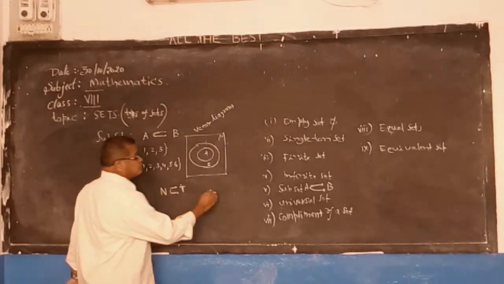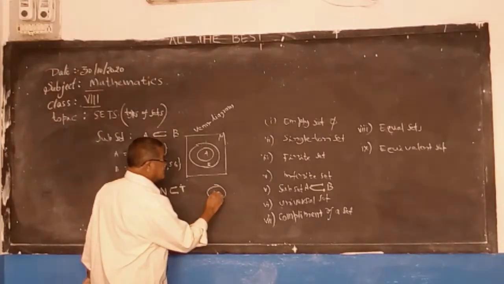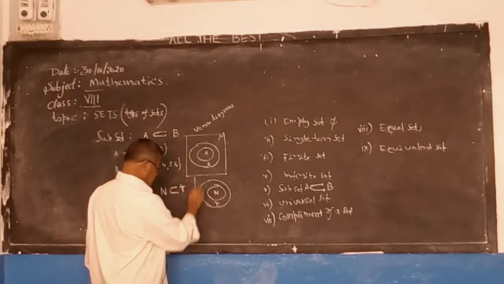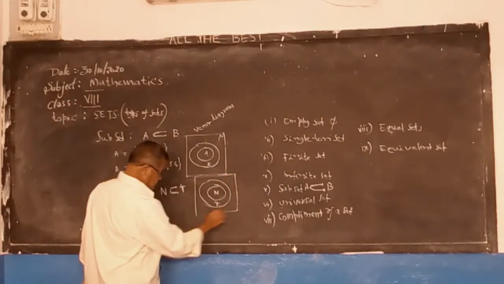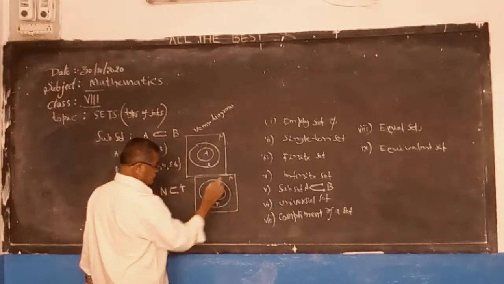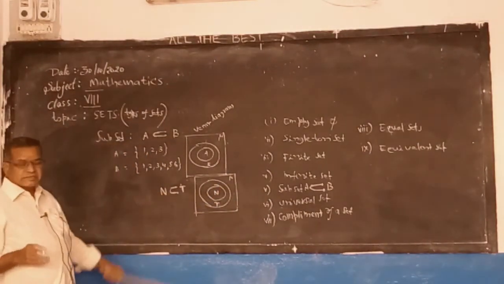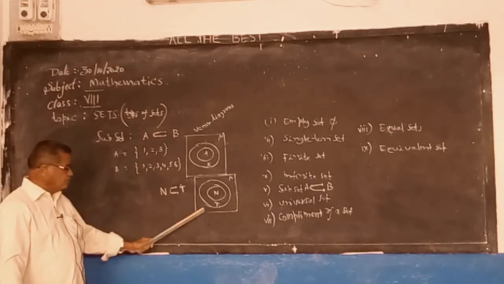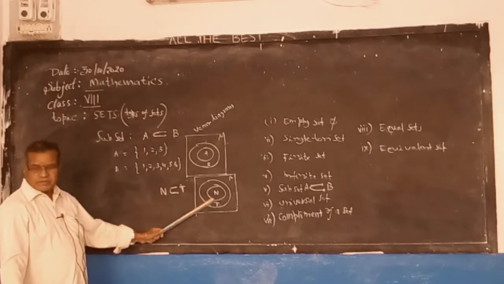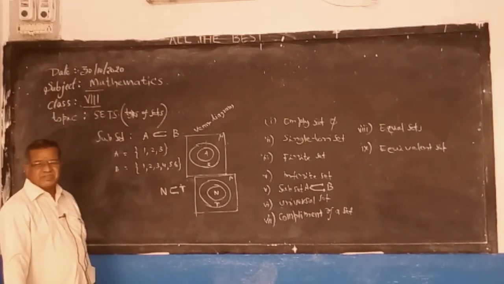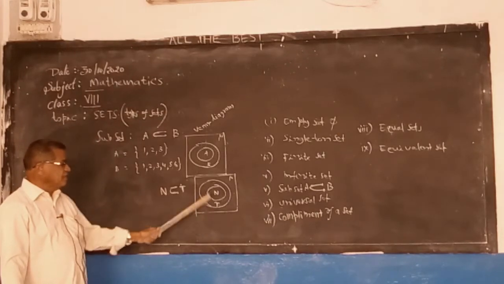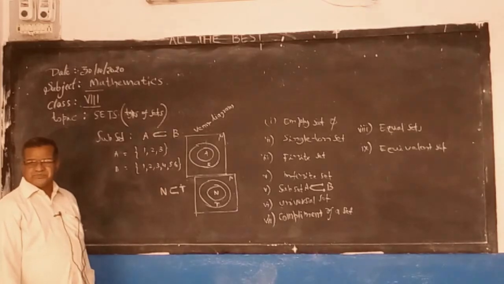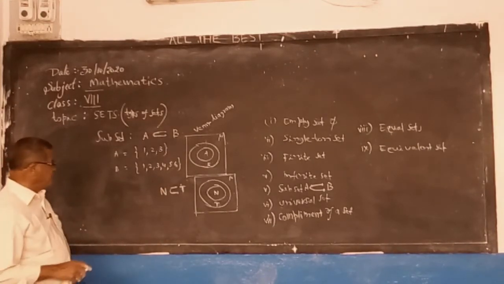N is in T. So you write Nalgonda inside Telangana, and it is in India or the world. This is the Venn diagram. Subset means the people of Nalgonda are also in Telangana state. That's why we say this is a subset. N is a subset of T.